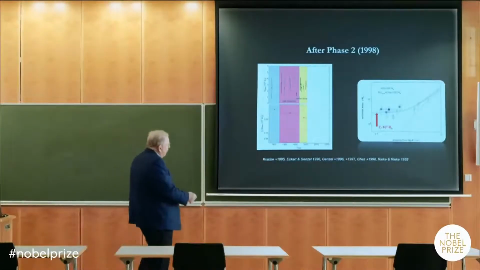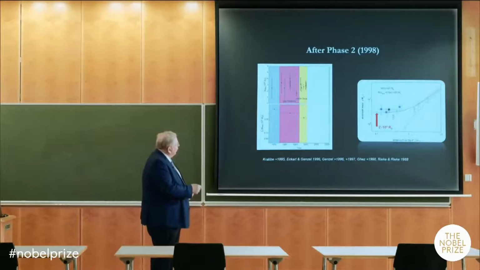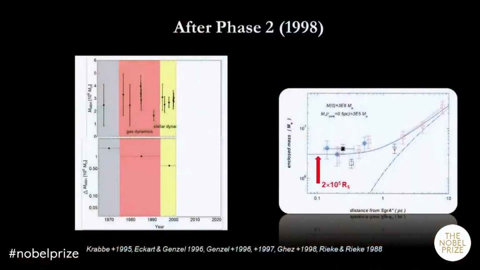That was until 98, with stellar motions making more precise estimates of the stellar mass. Now you see we are at the level of about a little over 10%, and a factor of 5 or so inwards. So it's both a more precise measurement of the mass, as well as concentrating that mass on a smaller region.